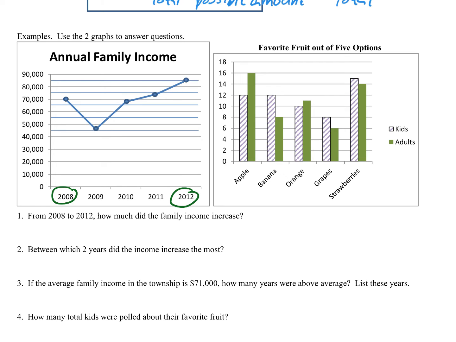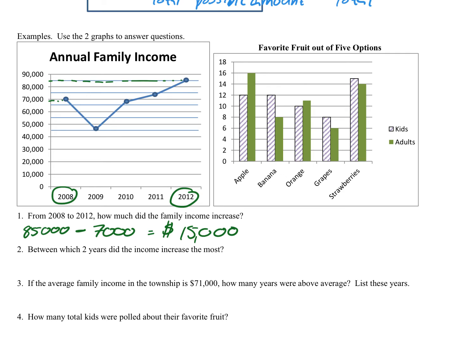In order to do that, we're going to take the difference of those two values. So in 2012, we had about $85,000 in income, and we're going to subtract from that 2008, which is $70,000. And we're going to find that they had a difference, and I'm going to use units, of $15,000.